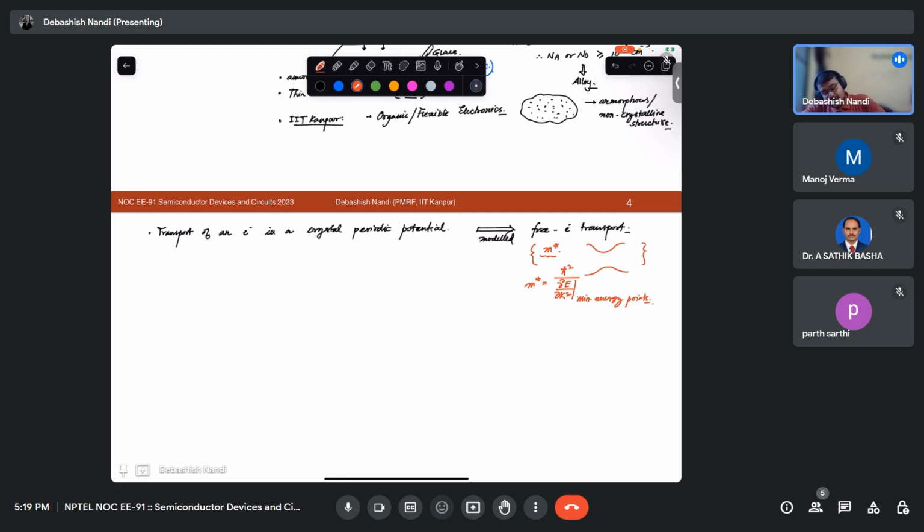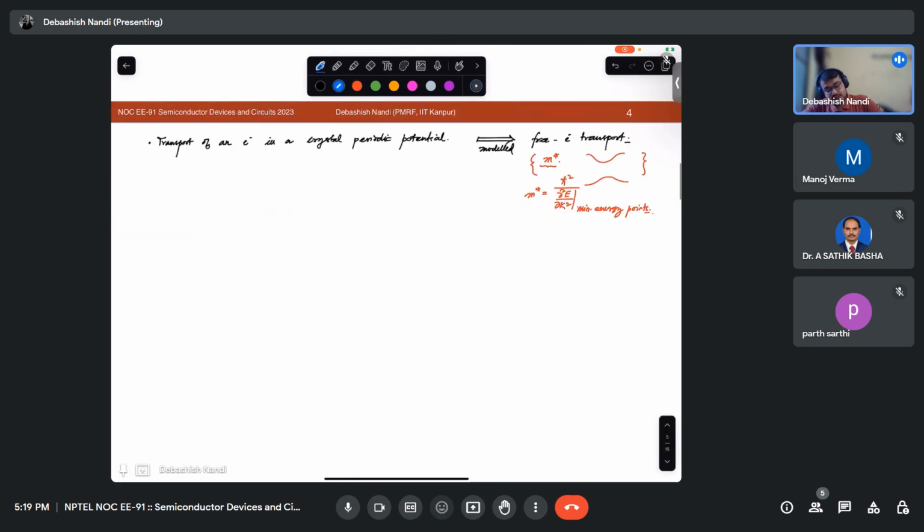What happens in organic or amorphous semiconductors is that you have individual atoms sitting. You will not be forming any such kind of bands or continuous space. Remember that during modeling the Kronig-Penney model, we had something like that. There is one well. These are the wells, and then there is a larger well.